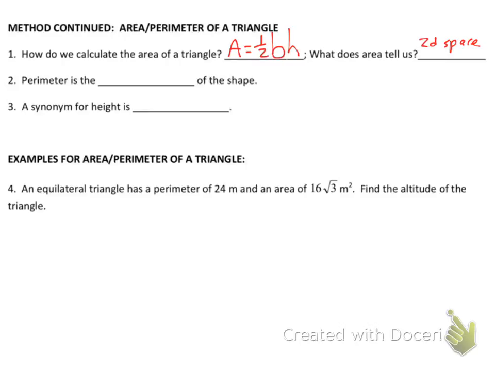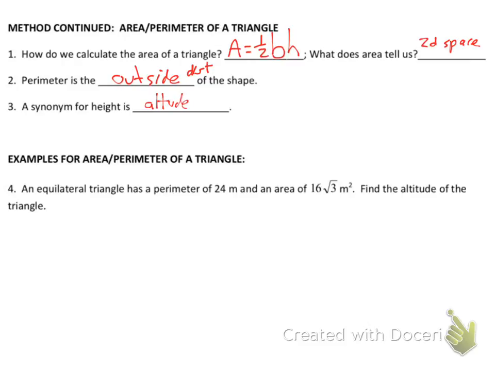Perimeter is the blank of the shape. The outside distance. The distance all the way around. The synonym for height is, I actually used this already today: altitude.